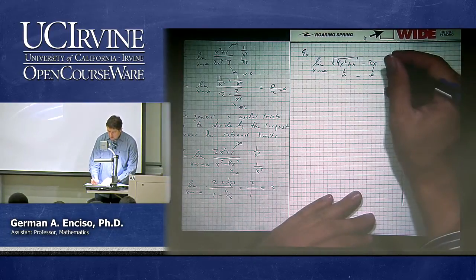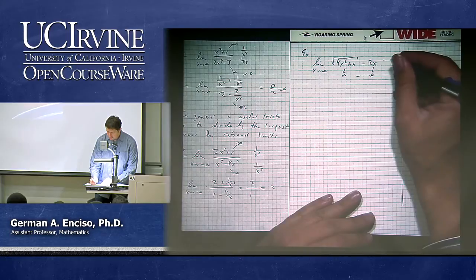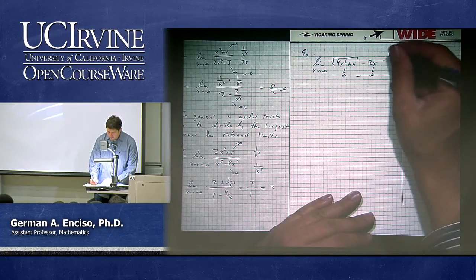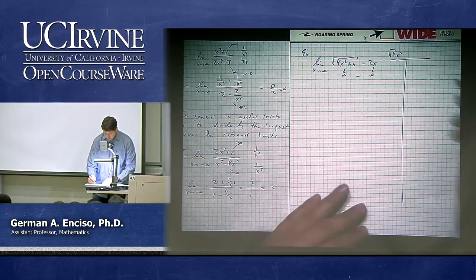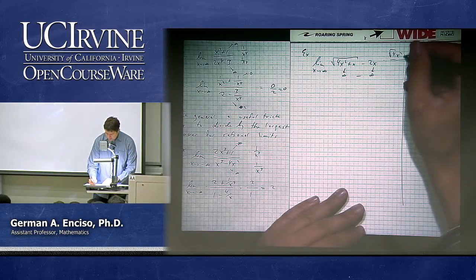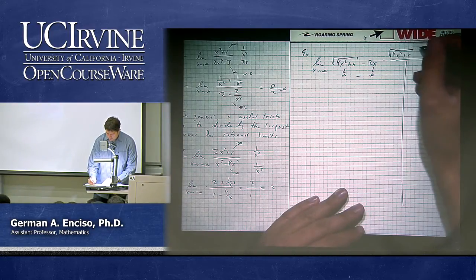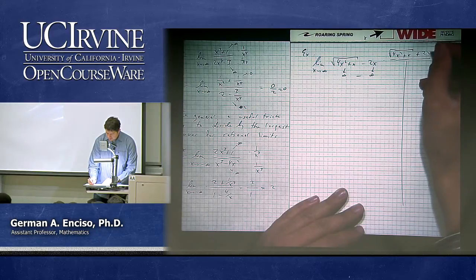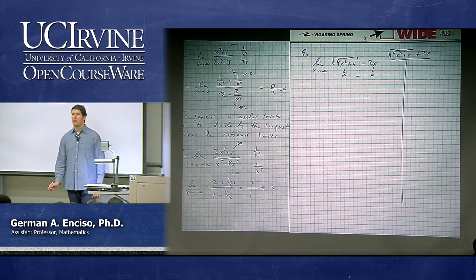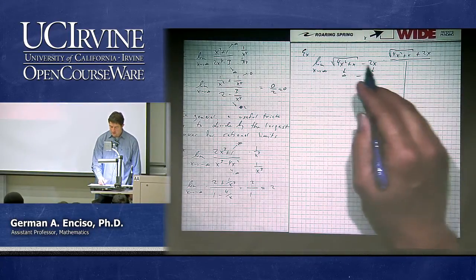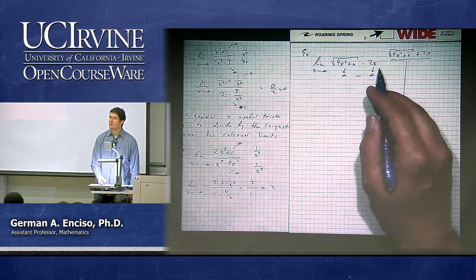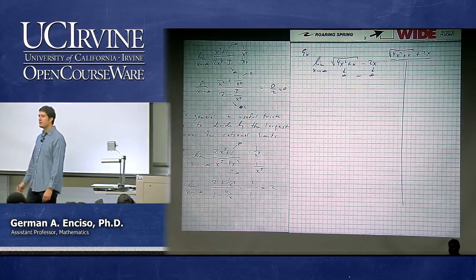So when we multiply this by, let's say, the square root of 4x squared plus x plus 2x instead of minus, then this thing becomes 4x squared plus x minus 4x squared, which is great.